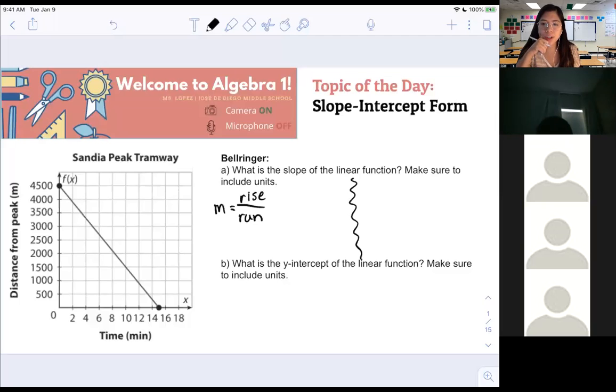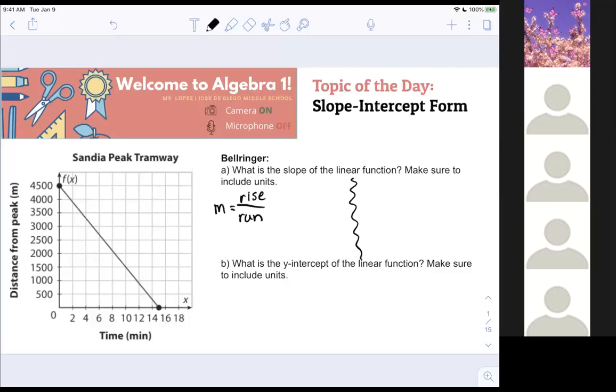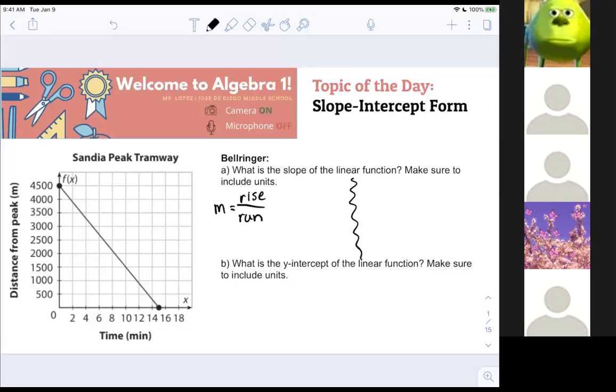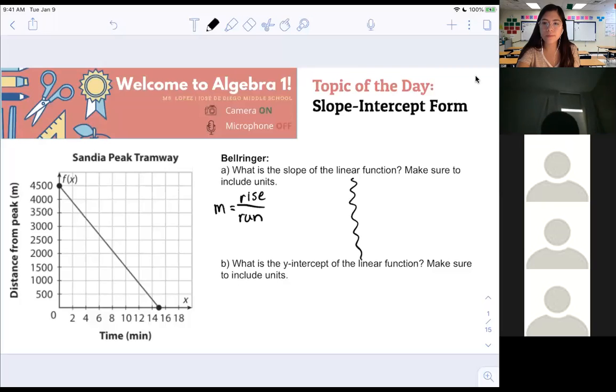What can I use to find the rate of change? Nobody? I'm going to sit here and wait because I'm not the one taking a quiz on this. You guys are. Rate of change formula? Yeah. What's my rate of change formula?